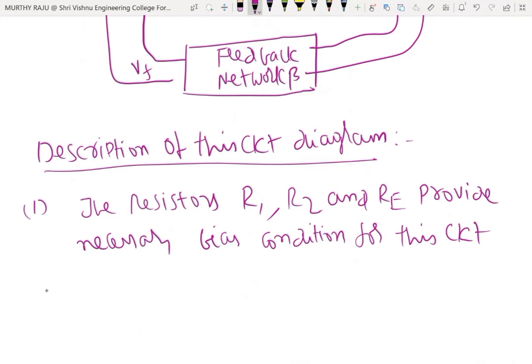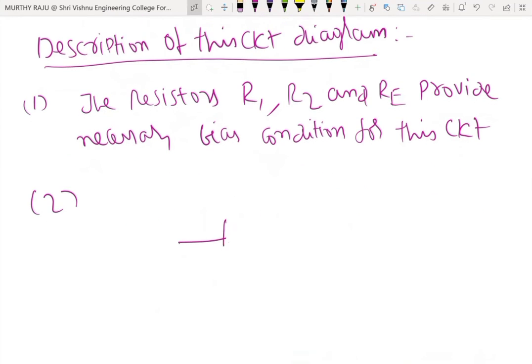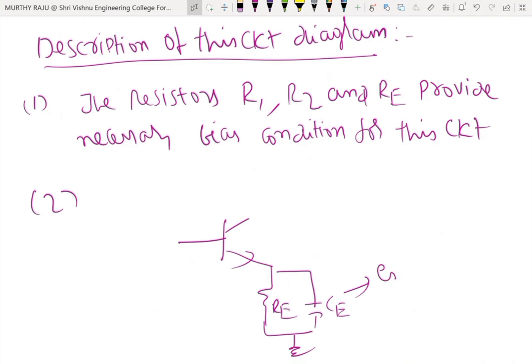Second point. Here this one is the transistor. Some emitter resistor RE is there. This one is CE, the emitter bypass capacitor, connected to ground in the circuit diagram.